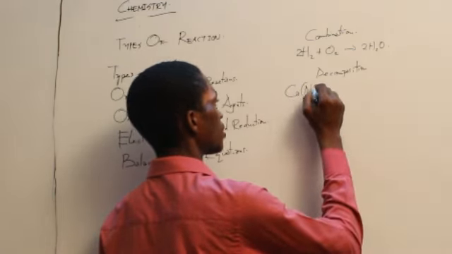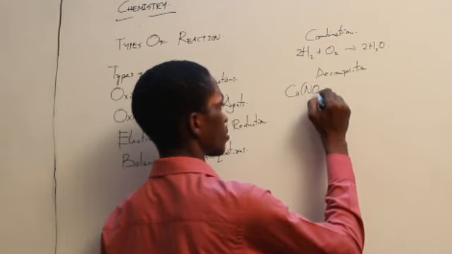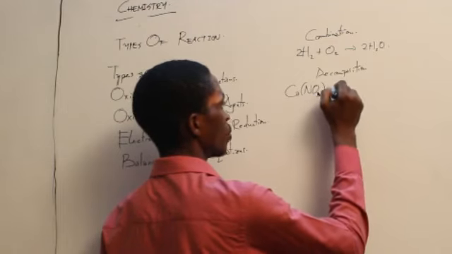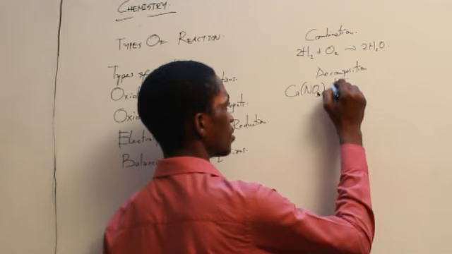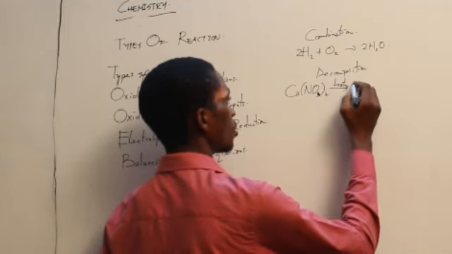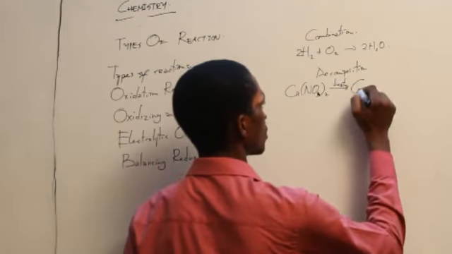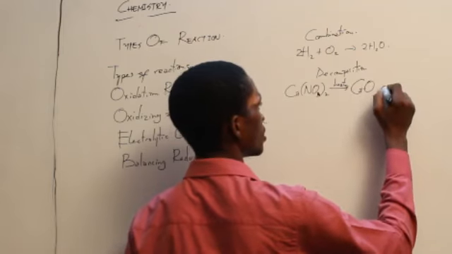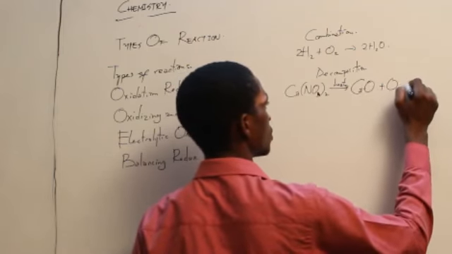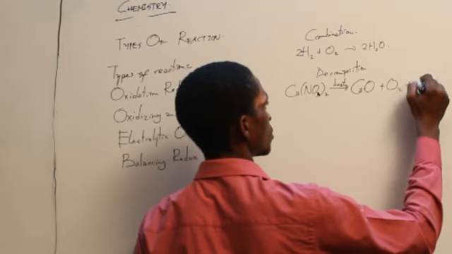Calcium nitrate, when it is heated, it decomposes to form calcium oxide plus oxygen plus nitrogen oxide.